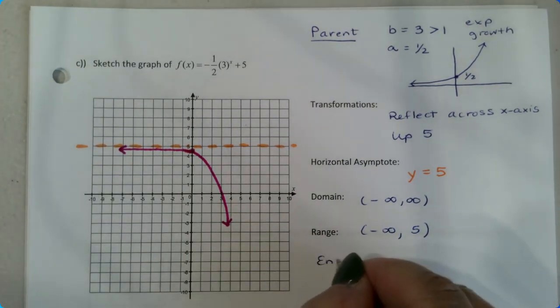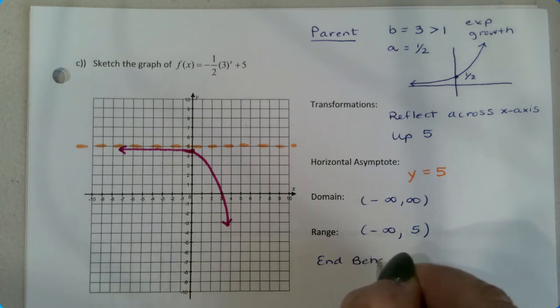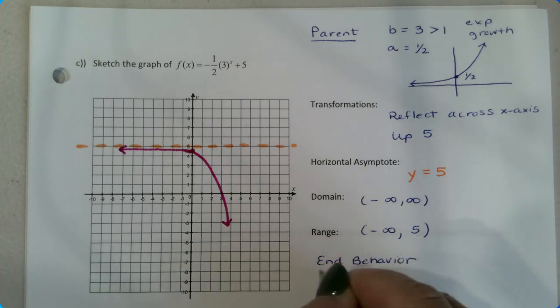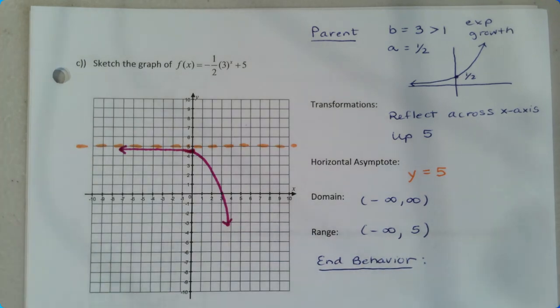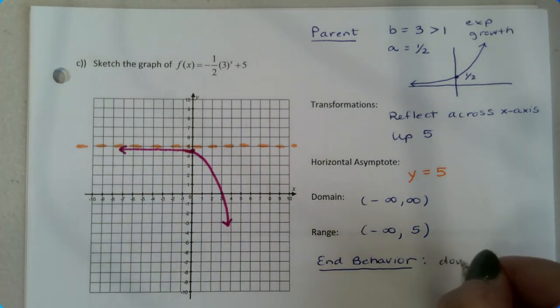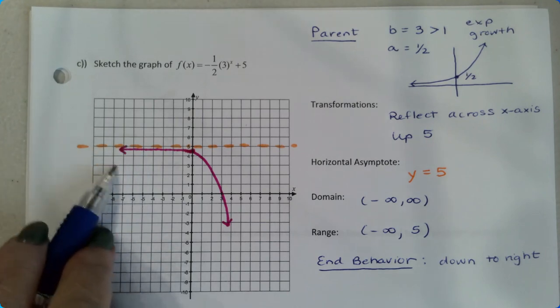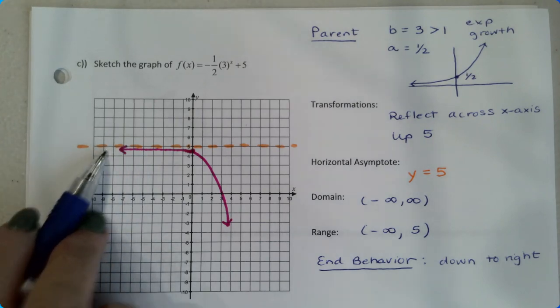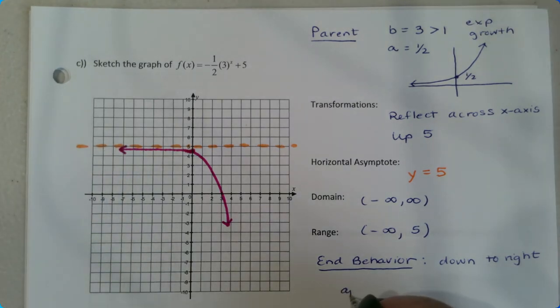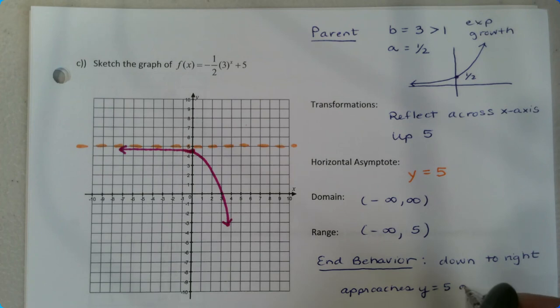And as far as my end behavior, let's see, goes down to the right. And on the left side, it approaches y equals 5. So approaches y equals 5 on the left.